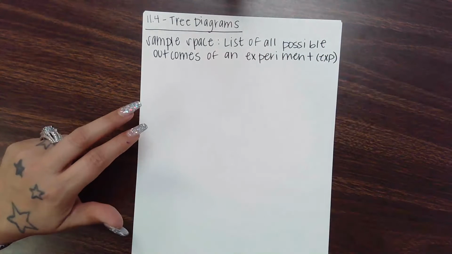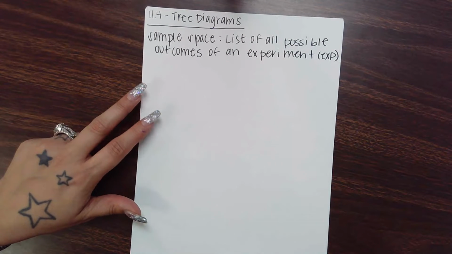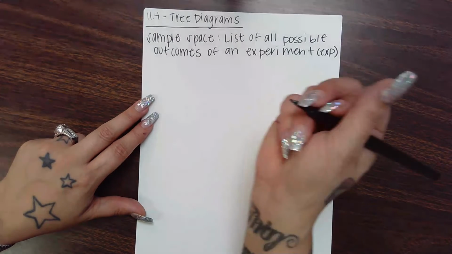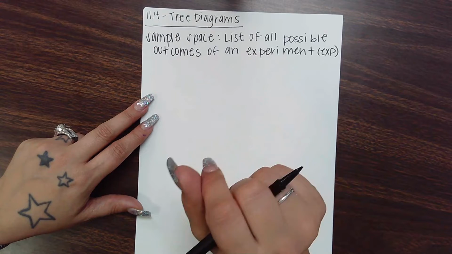And then I just put in parentheses EXP because I think we say experiment 3, 4, 5 times, and I'm just lazy.